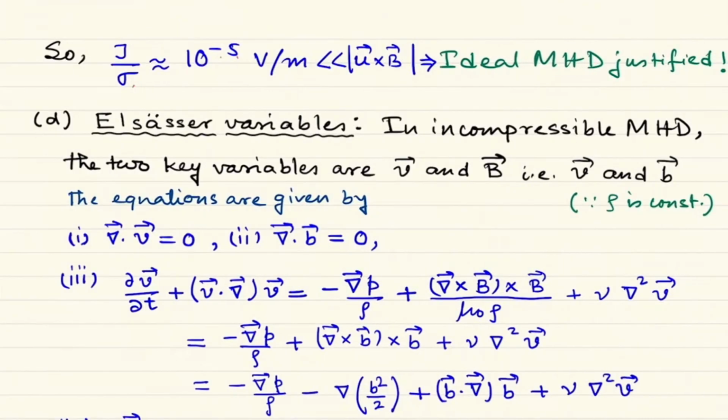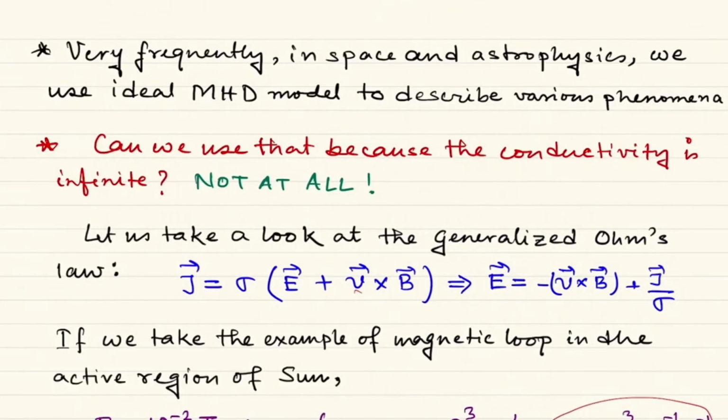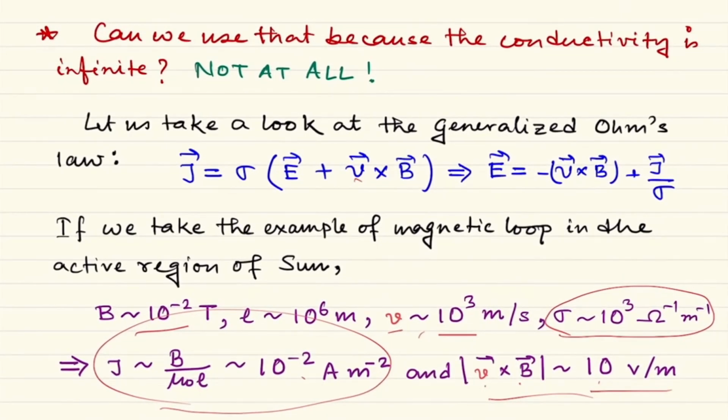But here, how does J by sigma come to be of the order of 10 to the minus 5? J is 10 to the minus 2 and sigma is 10 to the 3, so 10 to the minus 2 by 10 to the 3 is 10 to the minus 5, and this one is 10.